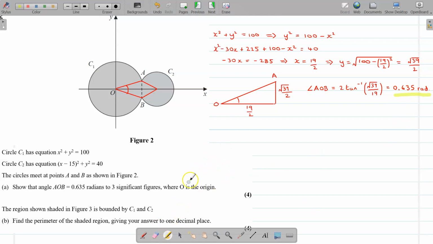Now, to find the perimeter of the whole shape, I'm going to consider not the angle inside that I've just worked out, but the angle outside, because the length of an arc, when the angle's given in radians, is r, the radius, times theta.